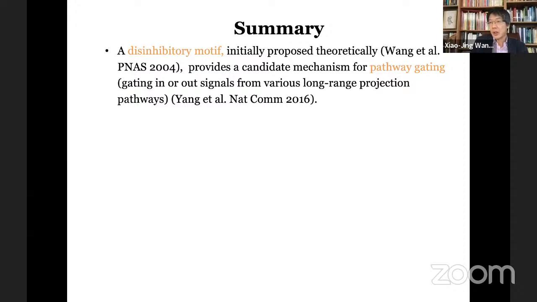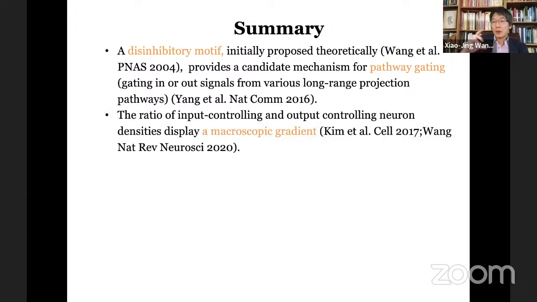This raises a number of interesting new questions, right? So you can ask whether you do have multiple disinhibitory motifs that are somehow dedicated to gating different pathways. So that's still an open question. And secondly, this macroscopic gradient of input-controlling versus output-controlling interneurons is very interesting, I think, and that is valid both for rodents and for macaque monkeys as well as humans.